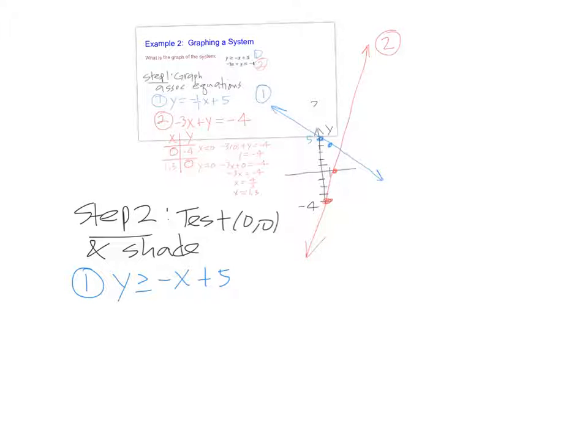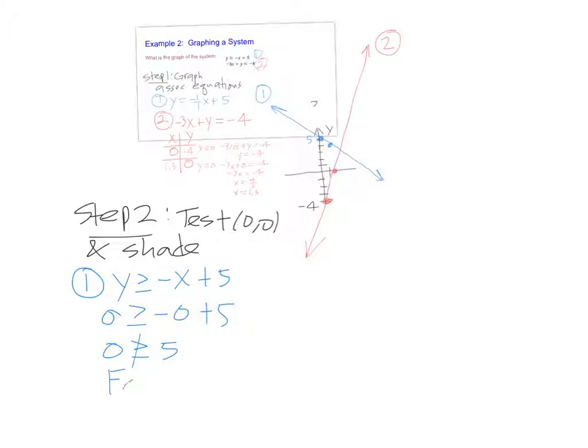So we have y is greater than or equal to negative x plus 5 for inequality number 1, and we're going to substitute 0 and 0 for x and y. So I have 0 greater than or equal to negative 0 plus 5, or 0 is greater than or equal to 5. That is not true.